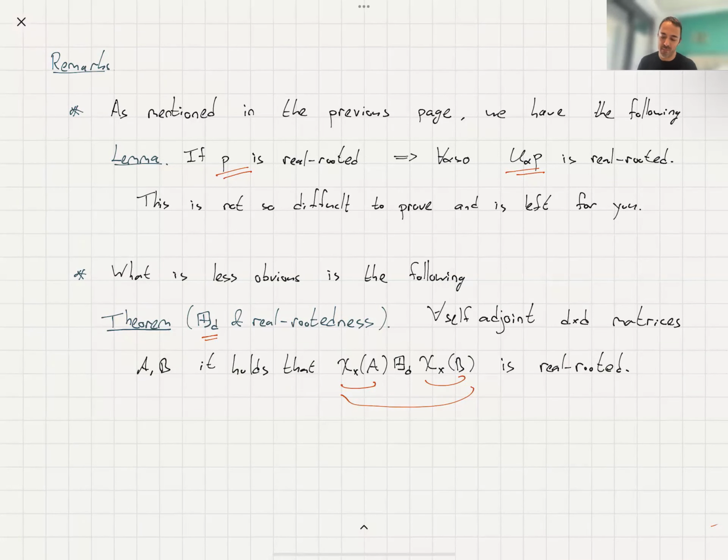I mean, it's not generally the case that the sum of two real-rooted polynomials is real-rooted.